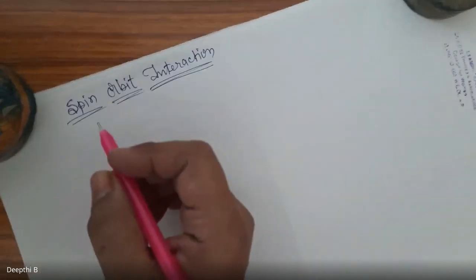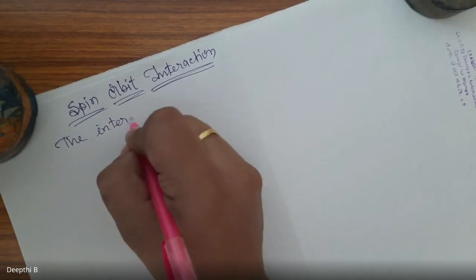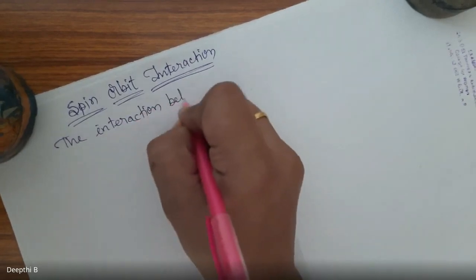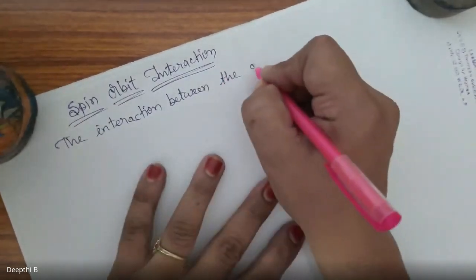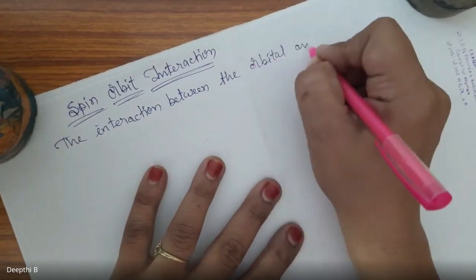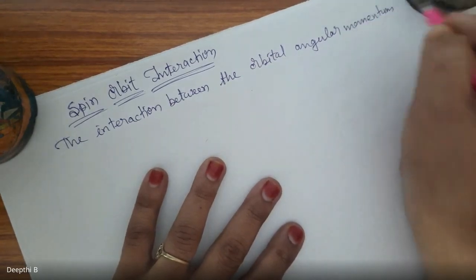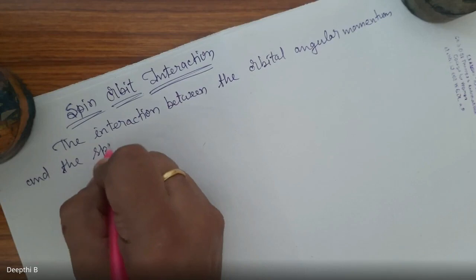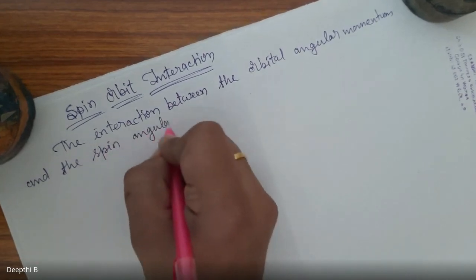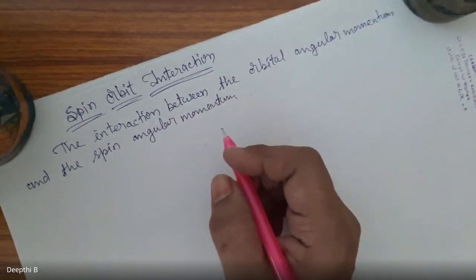It means the interaction between the orbital angular momentum and the spin angular momentum. So it is called spin orbit interaction.